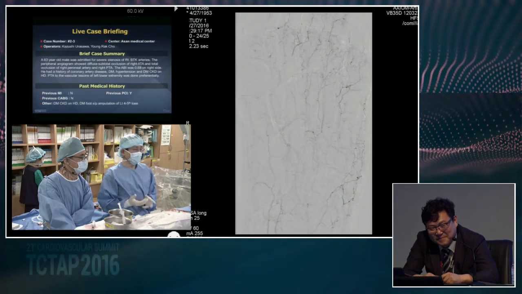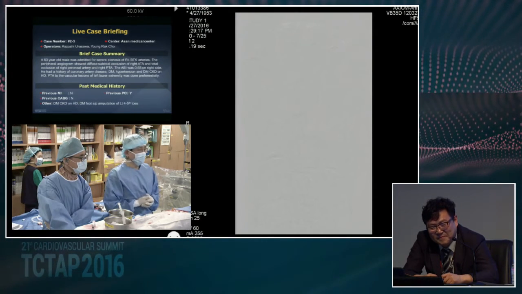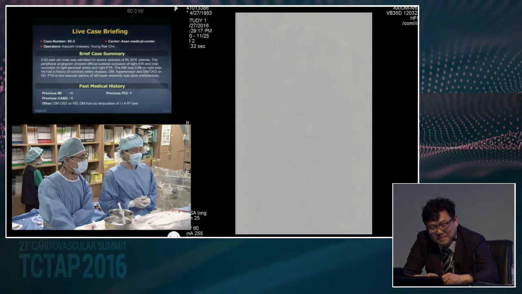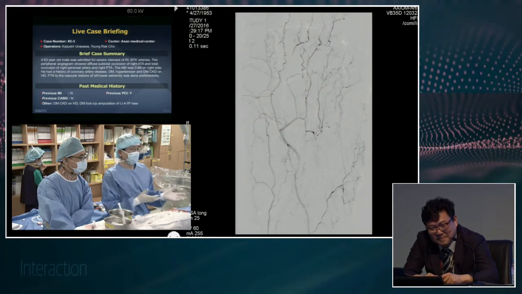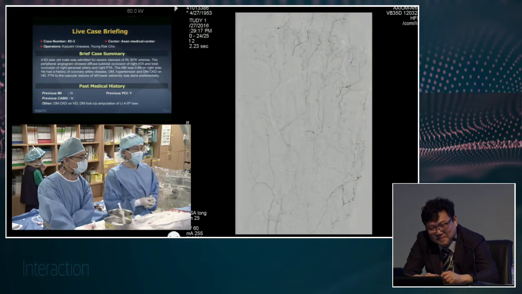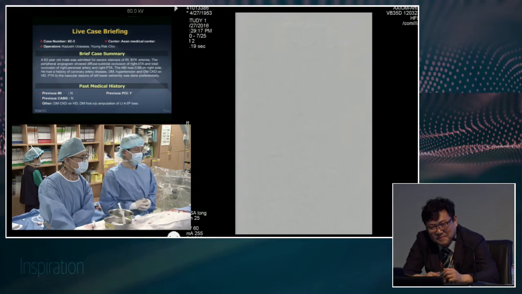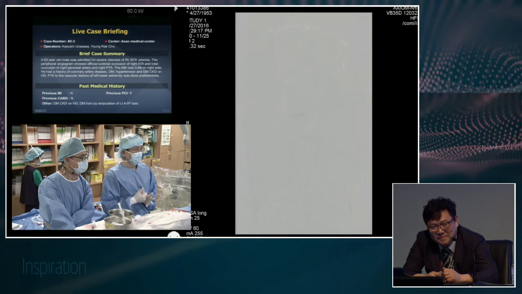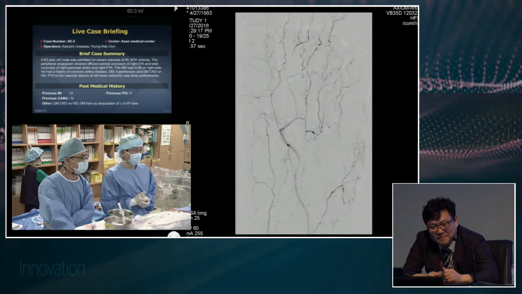The problem is Rutherford 4, resting pain. Ischemic resting pain is the most problematic situation, because we can do anything with intervention in such a patient, but 2 or 3 months later everything comes back, the same symptom. So Rutherford 4 is the biggest problem in many cases.